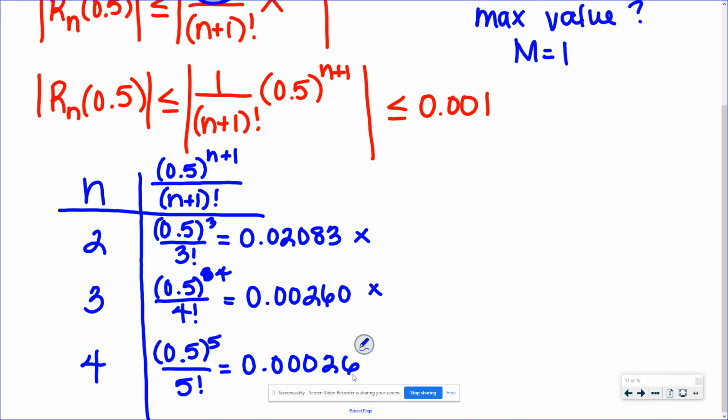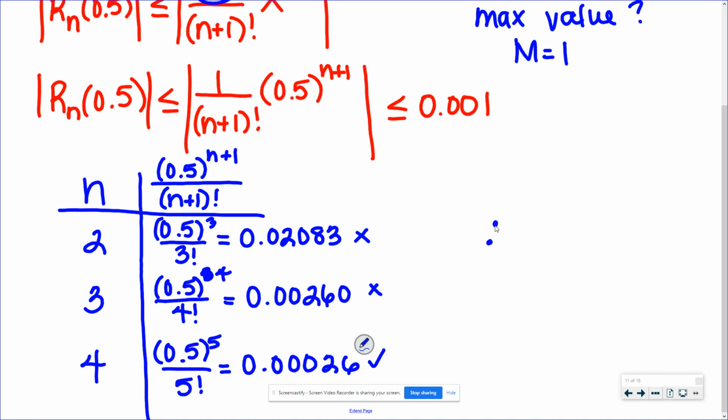Here's what happens when n is 4. We get 0.00026. That is smaller than the error margin, meaning if n was 4, then that would give me an estimation that's accurate to 0.001.